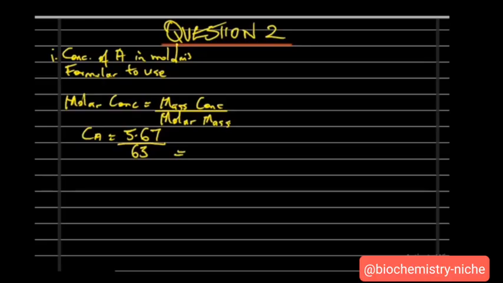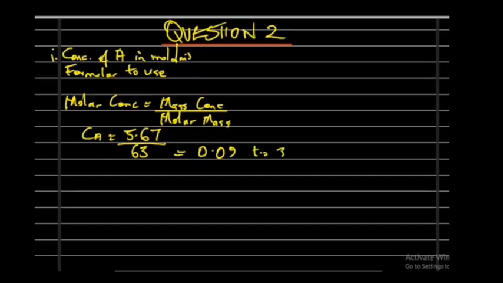From this, we have 0.09. To three significant figures, it becomes 0.0900 moles per dm cube. So that is our answer for the first question in that particular series.